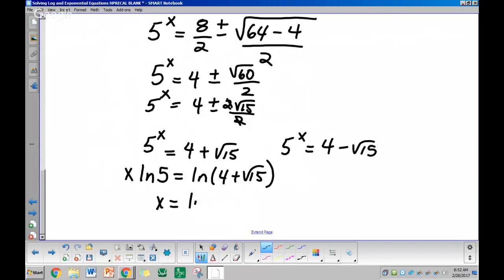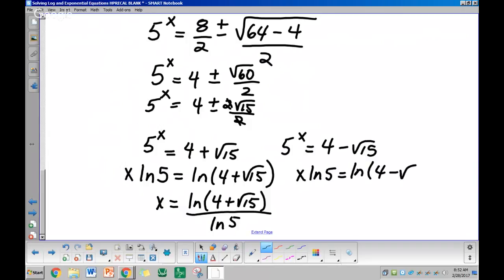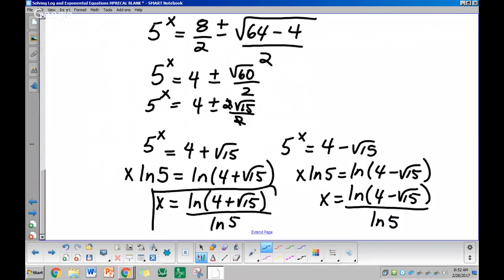X equals natural log of 4 plus root 15 over natural log of 5. And x equals natural log of 4 minus root 15 all over natural log of 5. I'm just going to leave these as exact answers.